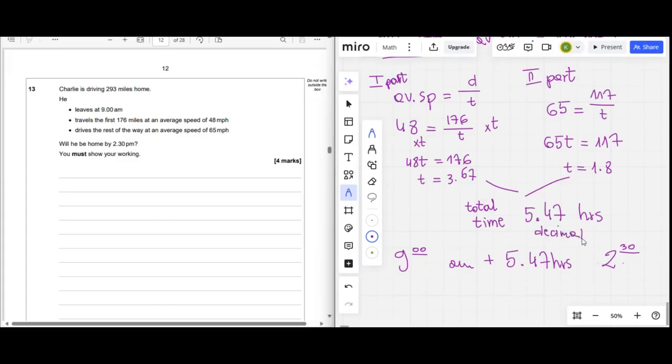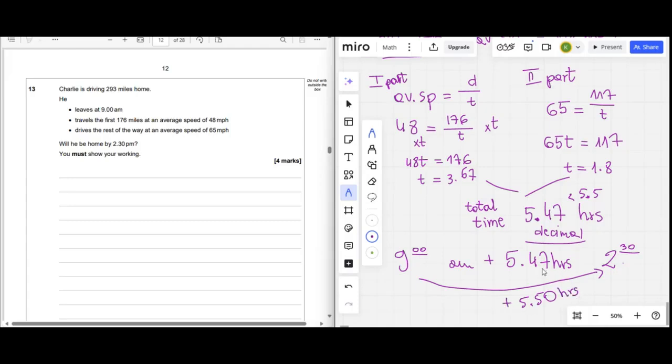This is a decimal number. 47 are not minutes. So it's less than 5.5 hours. And 2:30 is exactly 5.5. Oh.